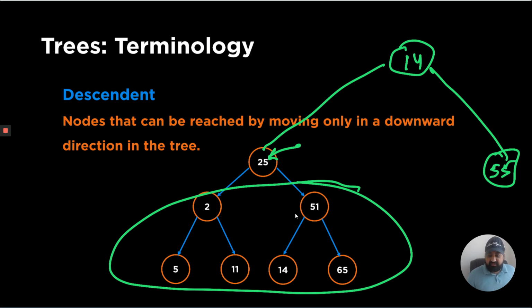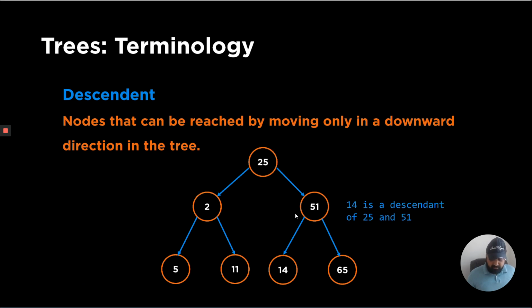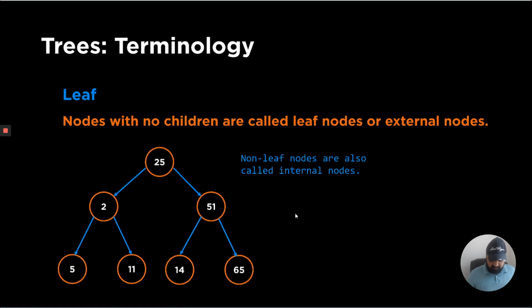Then 55 would not be a descendant of 25, because it's in a completely different direction and you cannot reach 55 by moving downward. So here 14 is a descendant of 25 and 51, so it has two different ancestors.